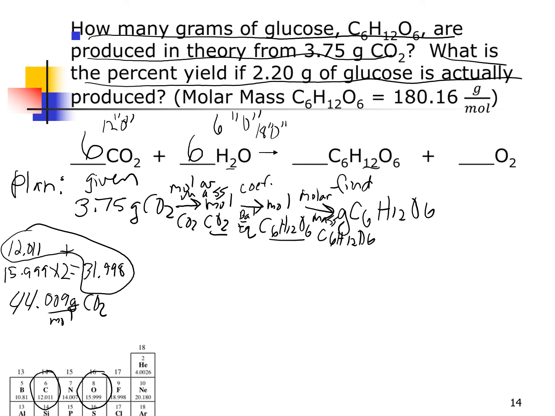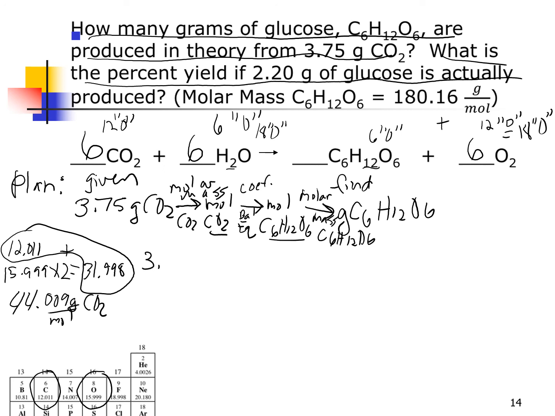On the right, in glucose, we have 6 oxygens. And in order to get 18, if we put a 6 in front of O2, that will give us 12 oxygens, and 12 plus 6 gives me 18 oxygens. So we have a balanced equation. So now we can go ahead and solve our problem.